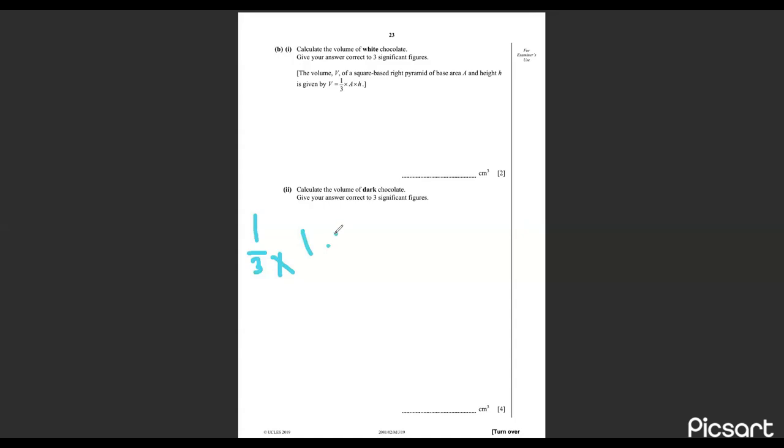It will be equal to a third multiplied by the area of the base, which is 1.5 squared, multiplied by the height, which is 1.5 over root 2. On your calculator, this calculation will give you 0.559 to 3 significant figures. Okay, we did it. Let's see the next.